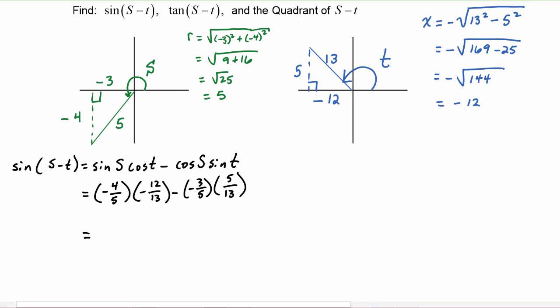Each of these products has the same denominator, so 5 times 13 is going to equal 65.